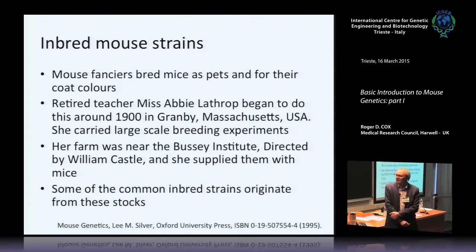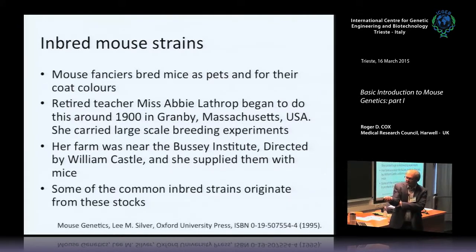So Abby Lathrop began to collect these strains in around 1900 in the US and carried out fairly large-scale breeding experiments. And her mouse breeding operation was near the Bussey Institute, which was directed by William Castle, and she was their mouse supplier. So this is where mouse genetics began, and some of the common inbred strains originate from these stocks.